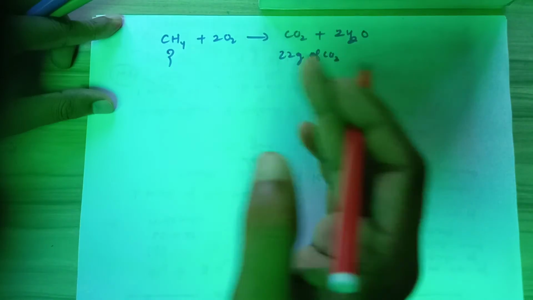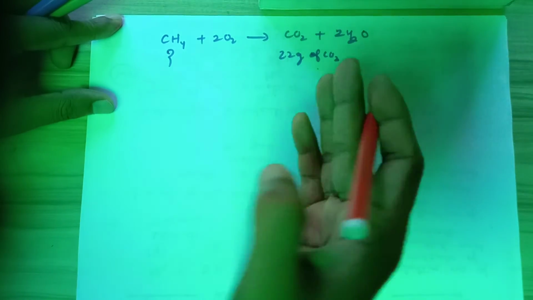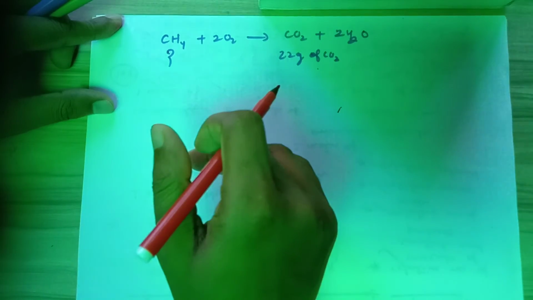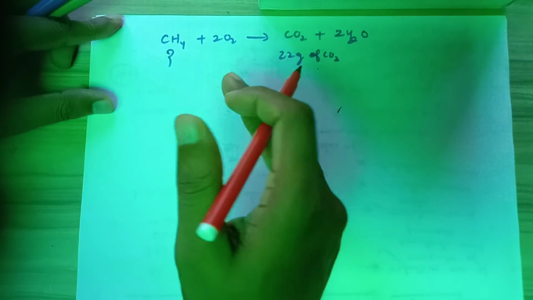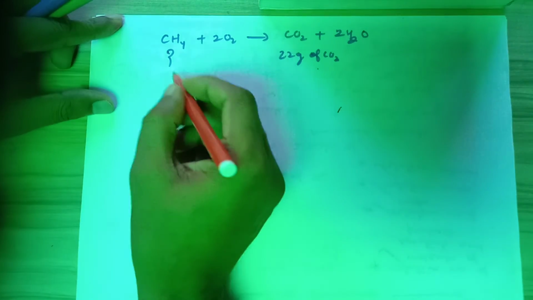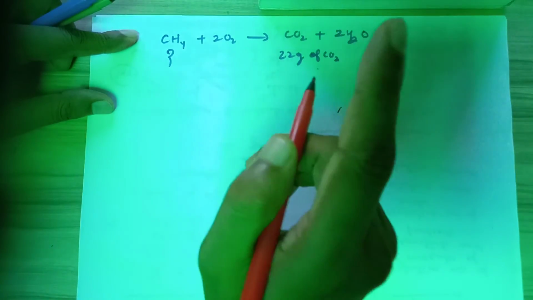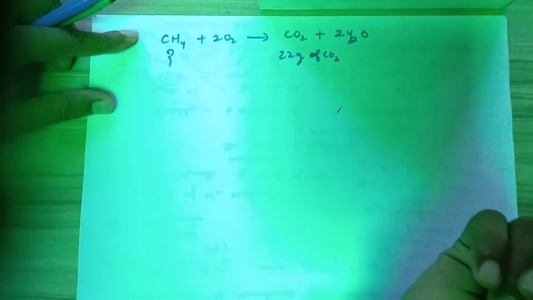So in general stoichiometry, one is given, one has to be found out, so the general approach is to check the number of moles and then convert it into amount of substance or volume. So generally we can say that the term which has to be found out should be on the right hand side.